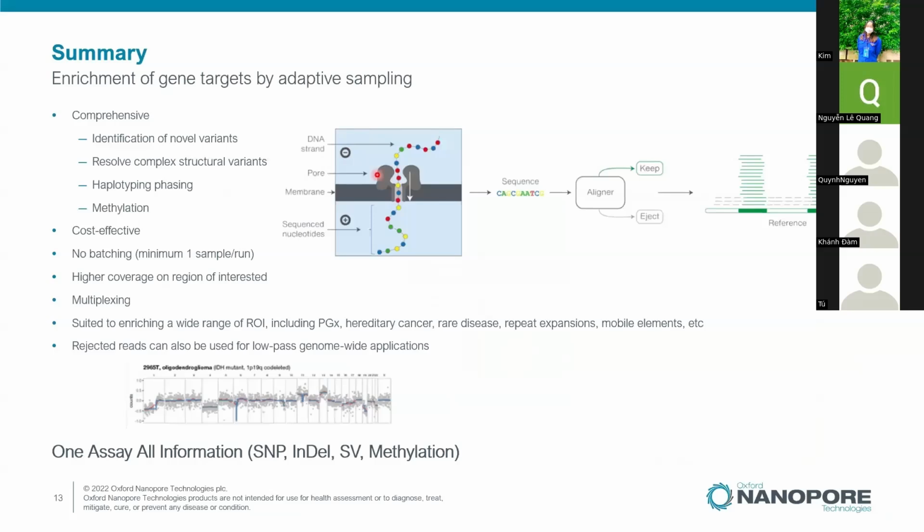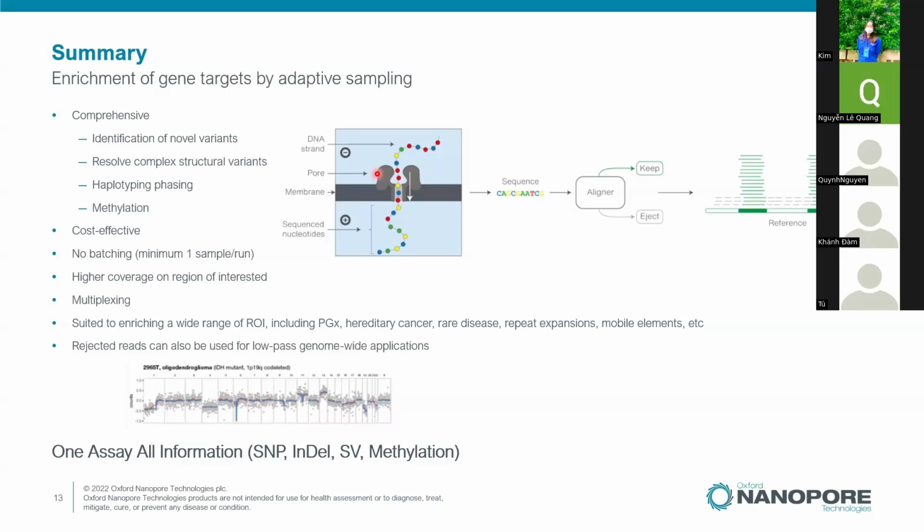With adaptive sampling, you can potentially design one single assay that allows you to do SNP detection, indels, structural variants, as well as methylation. Because with adaptive sampling, in terms of wet lab, you do not need to design any primers.